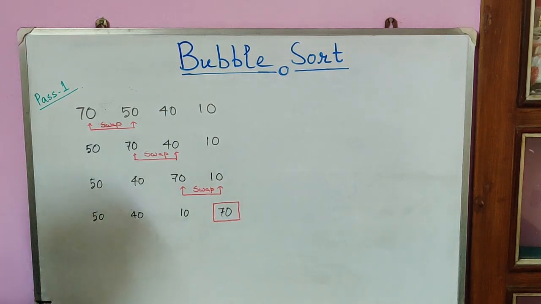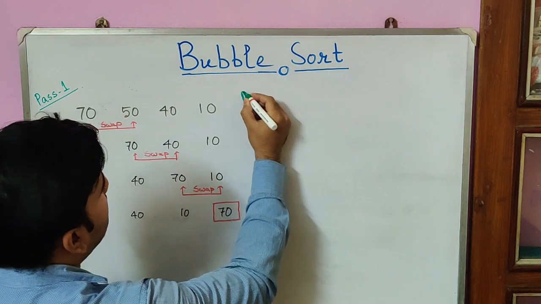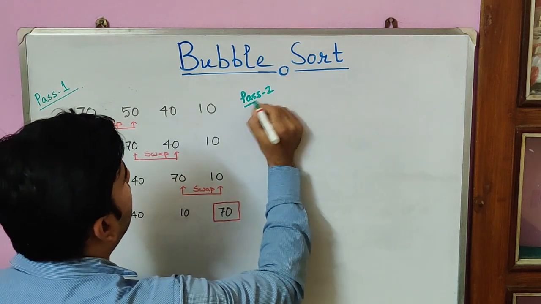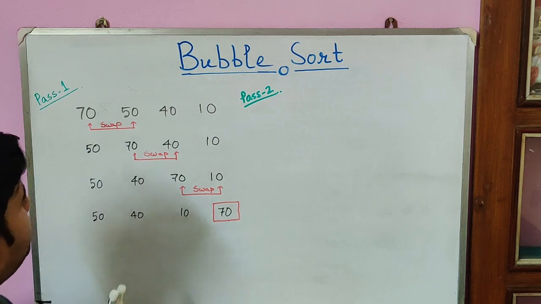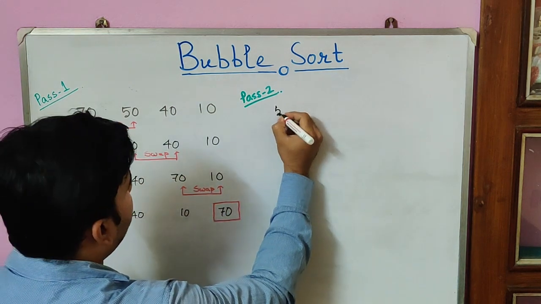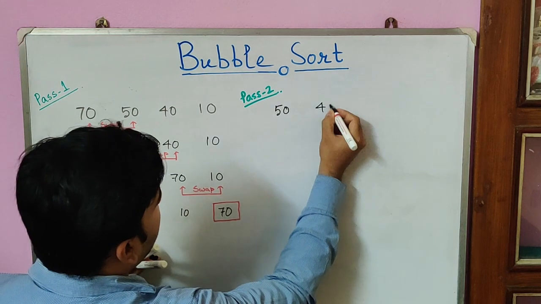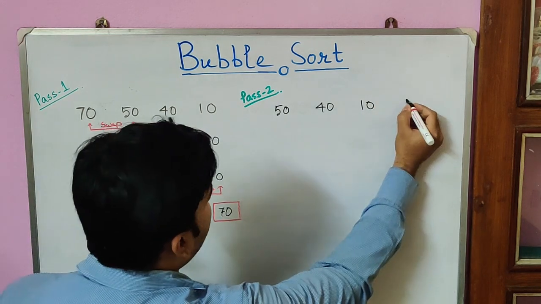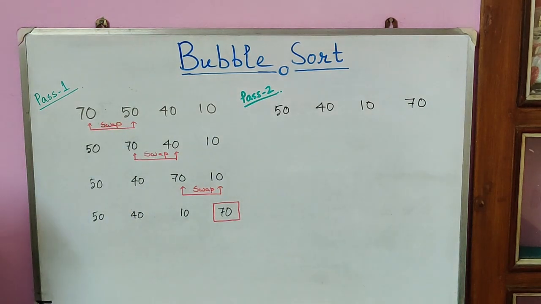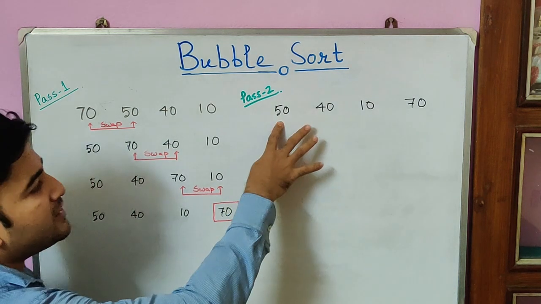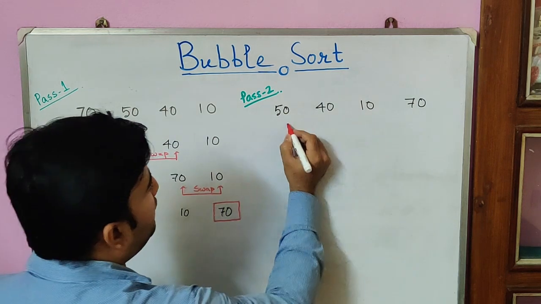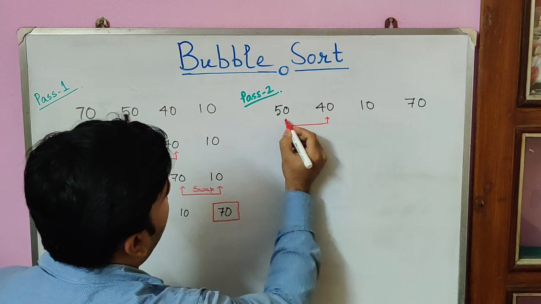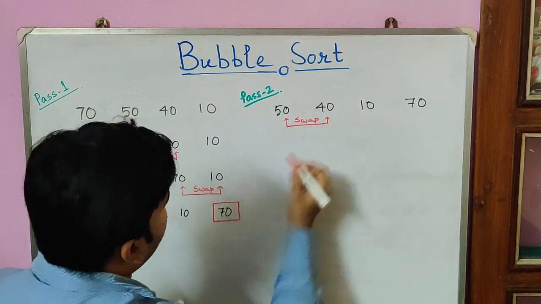After that, pass 2. I hope all of you understood pass 1. Now I will write here the elements 50, 40, 10 and 70, the same as the result of pass 1. Then you need to check again from the first and its immediate next location. So 50 with 40. 50 is greater than 40, yes, it's true, so we need to perform the swapping operation again.